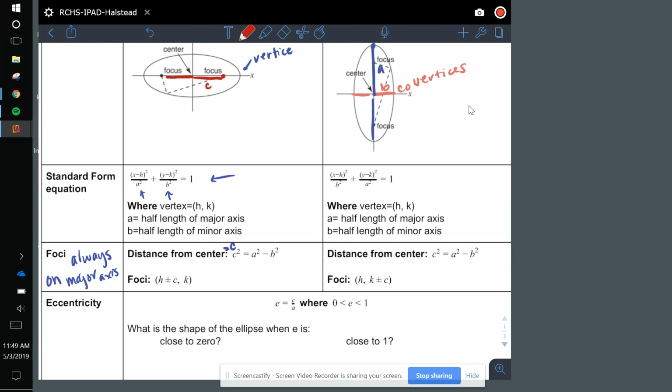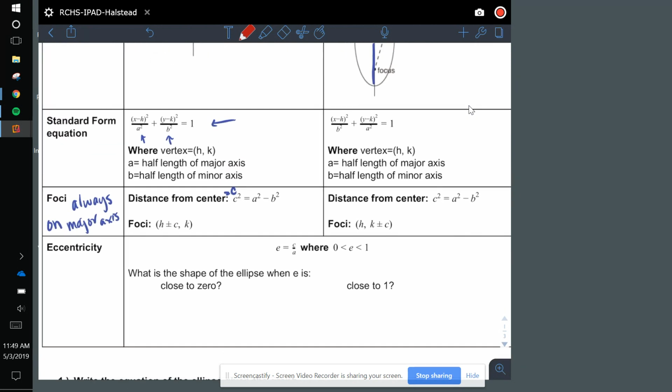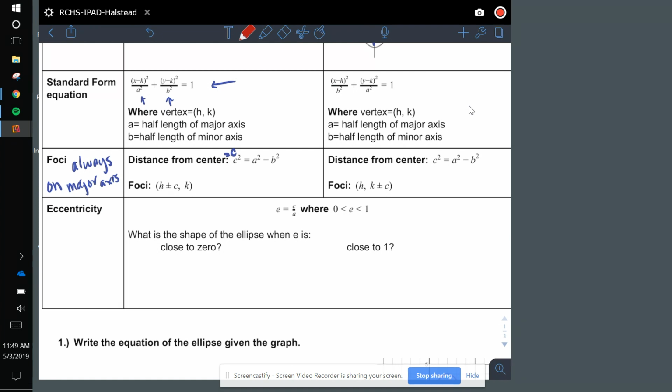Okay, so the equation is the same for a vertical and a horizontal ellipse. And then the last major thing is our eccentricity. Basically, this tells us how elliptical our ellipse is. I know that sounds weird. So if your E value is between 0 and 1, you have an ellipse.